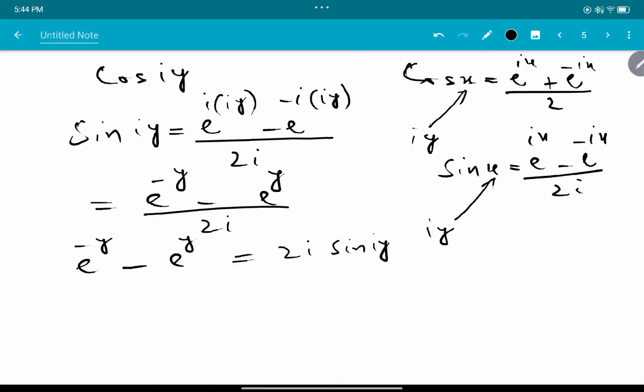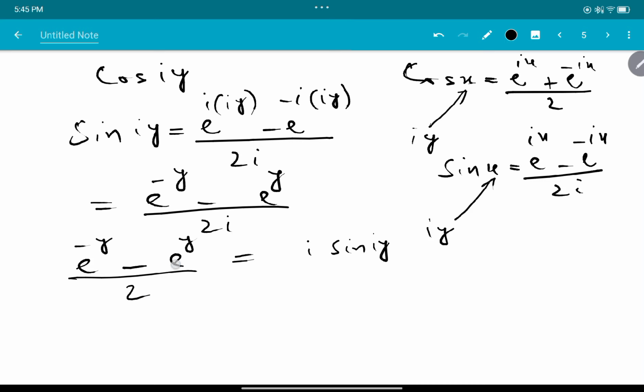Now, divided by 2i, but the 2 we have to keep here, because this itself is a formula, but it is not hyperbolic sine. There is a difference.